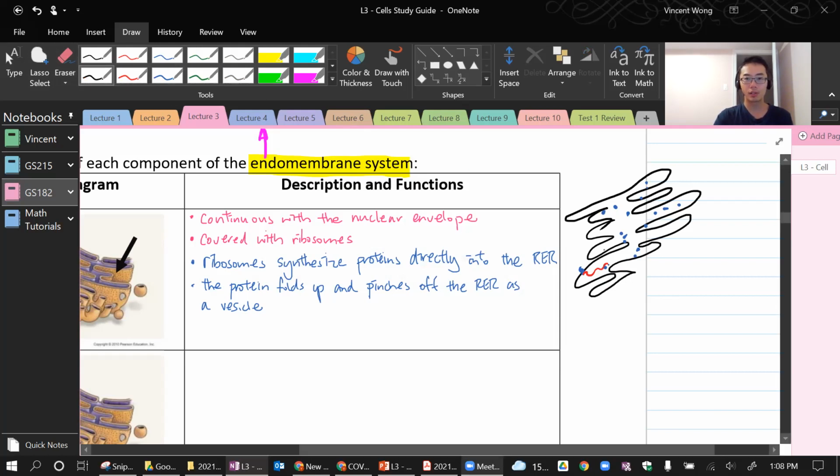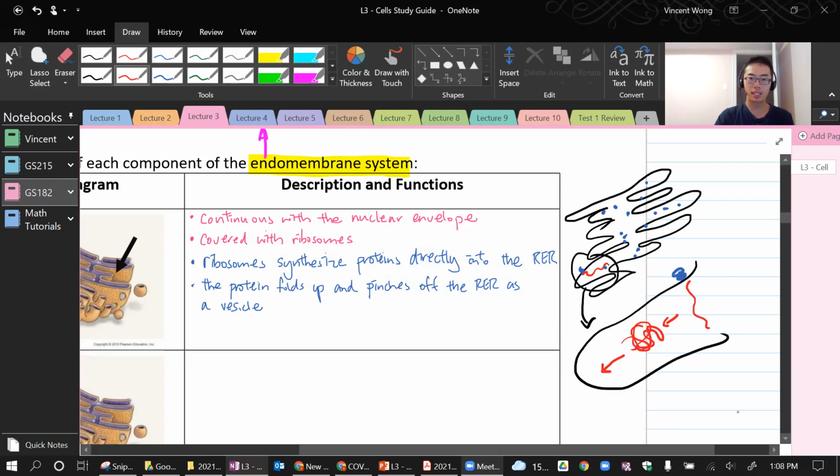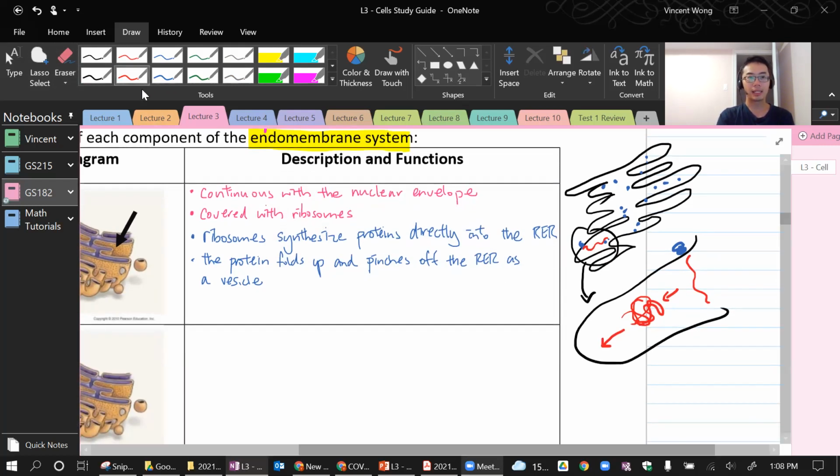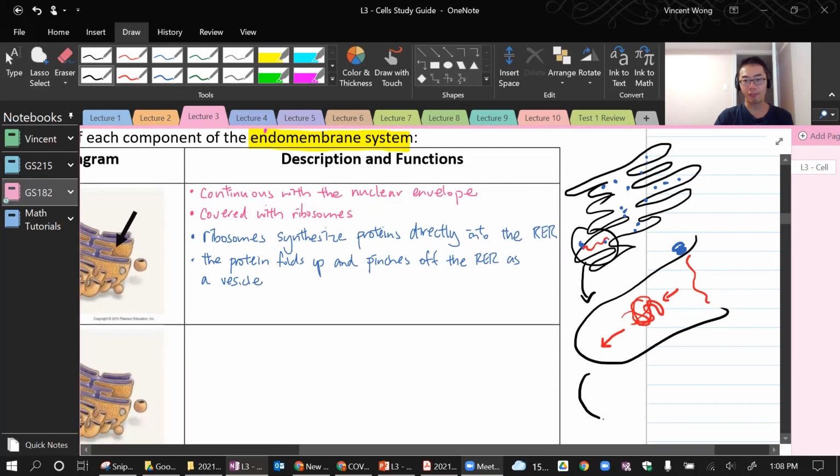Like if I zoom in over here, if I take this location and zoom in, okay, so maybe it's like this. This is the ribosome, okay, and then you make the protein, and the protein will fold up into a 3D shape, and then it will move towards the edge, and then this part is gonna like bubble off.